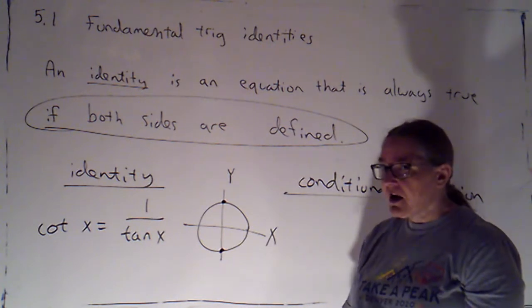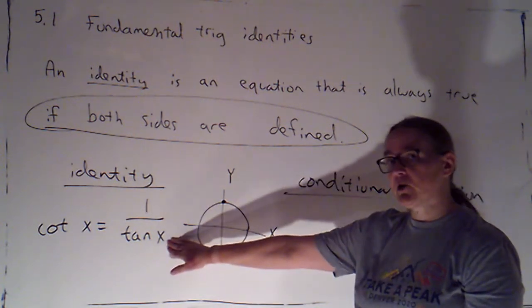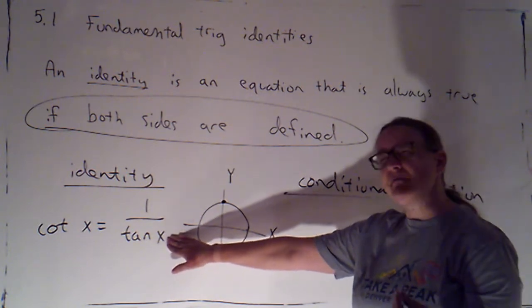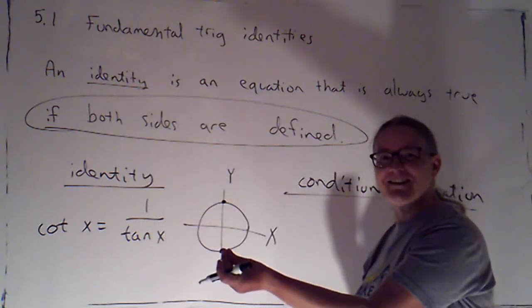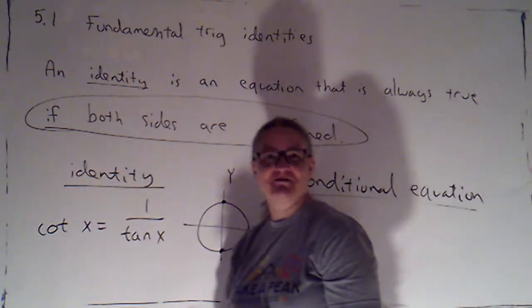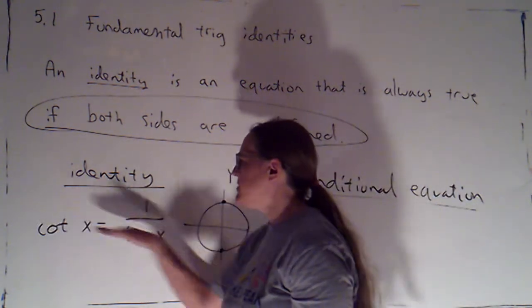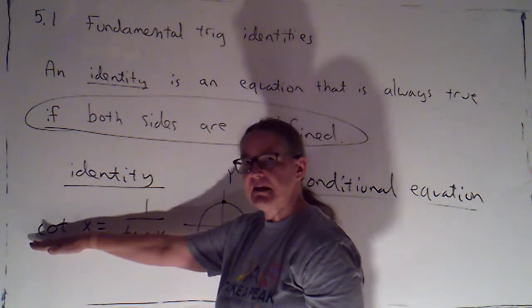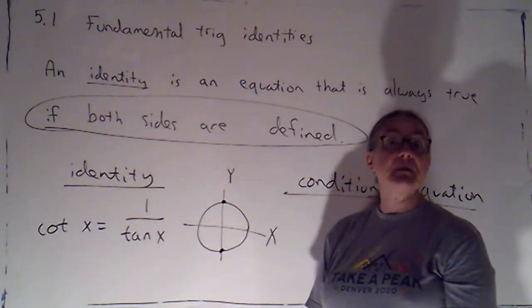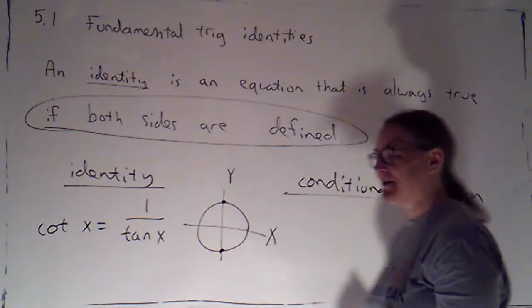But at other times, this might actually be easier to work with. If I'm evaluating this at a particular angle, I'm more familiar with tangent than with cotangent. So I'll often evaluate the tangent and then flip it to get to the cotangent. So depending on what I'm doing, this version might be easier to work with or this version might be easier to work with. And the identity just gives me the option of writing things either way.